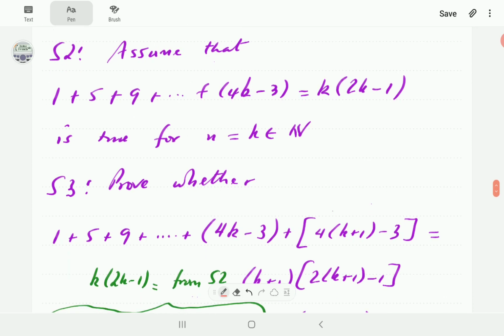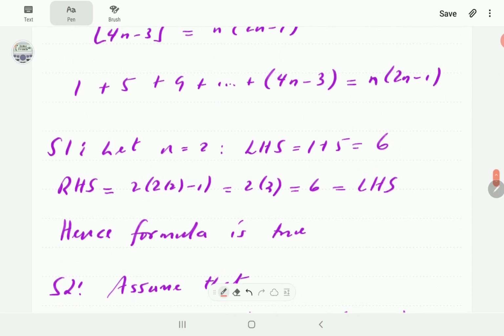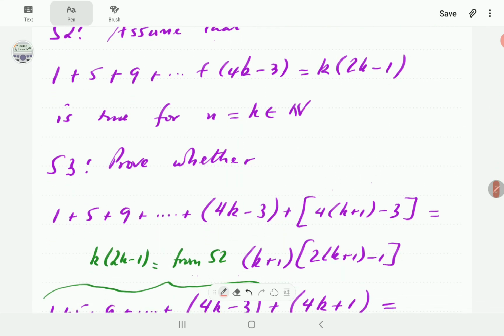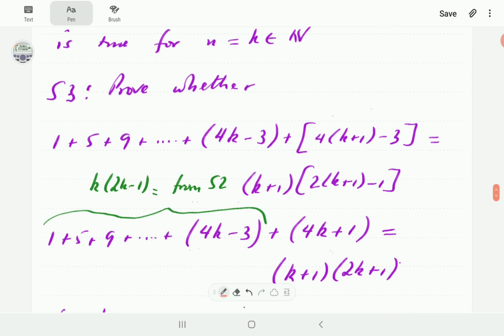So go to step number 2, where we assume that this formula is true when n is equal to k. All that happens here is we simply replace every n by k. Then we go to step number 3.